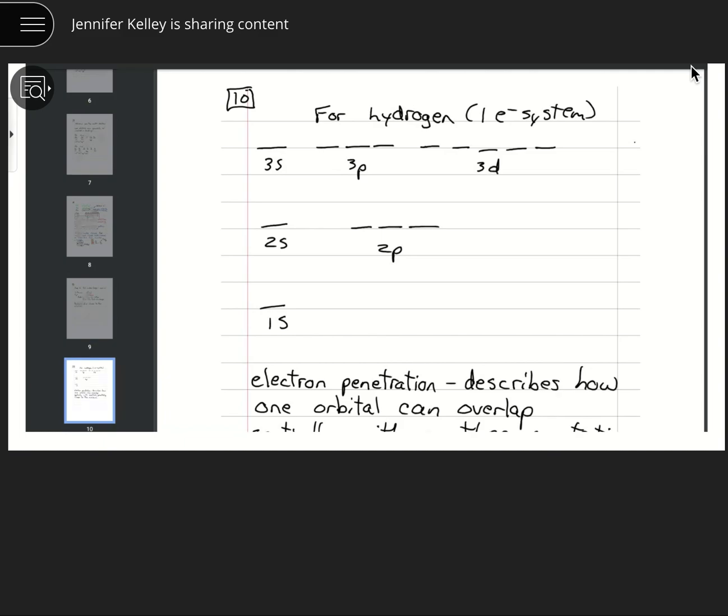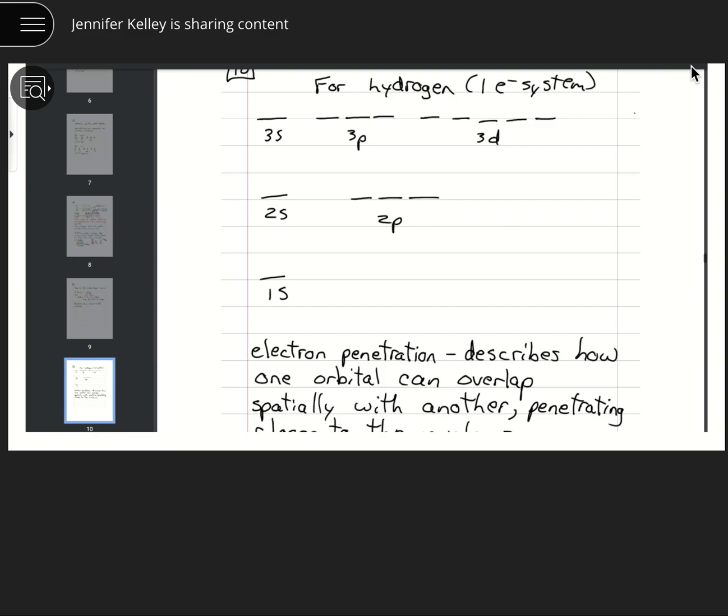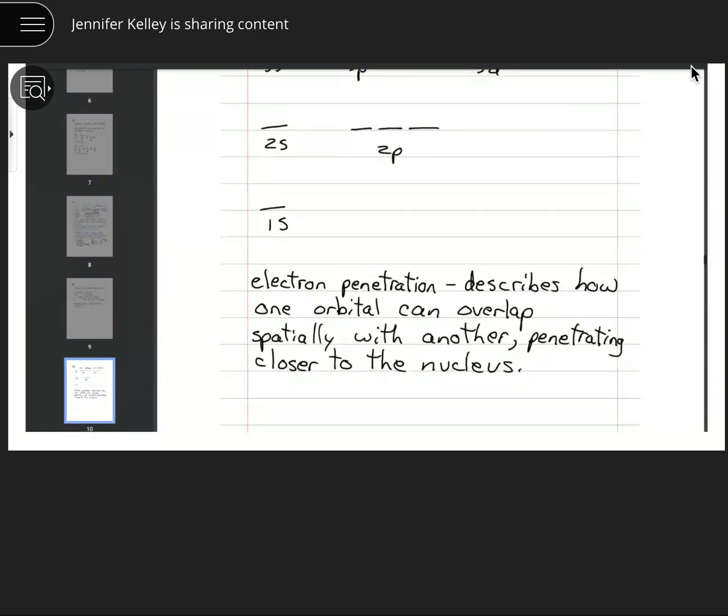But that's only for hydrogen. Everything else, it shifts a little bit. So when they're all having the same energy, that's called degenerate. So all of these in one row would be degenerate in energy. They have degenerate energy, meaning they have identical energy.